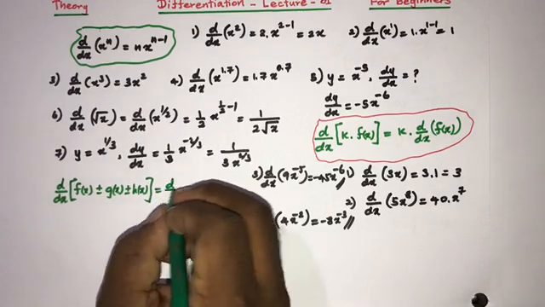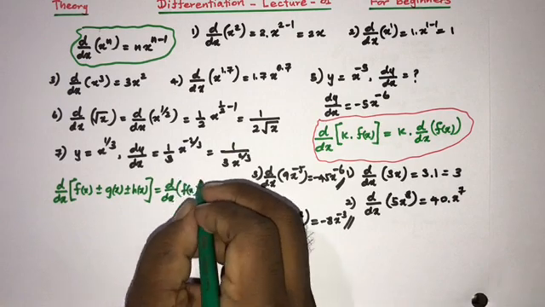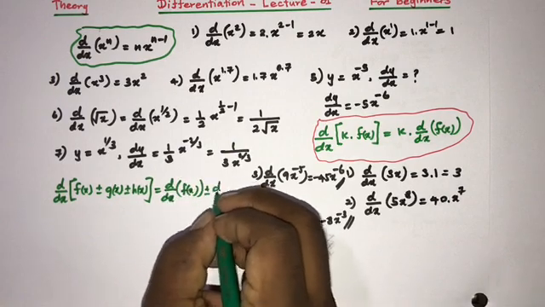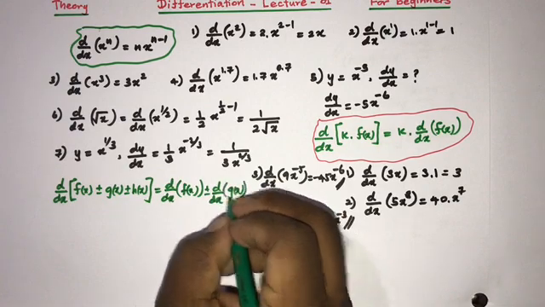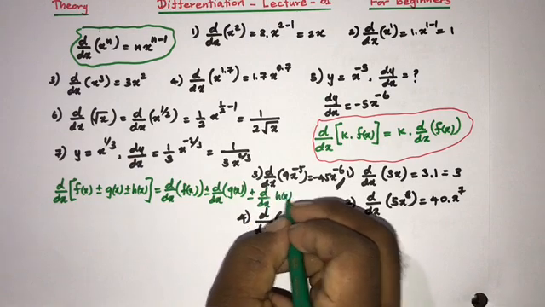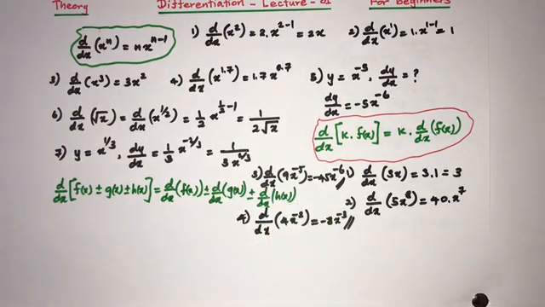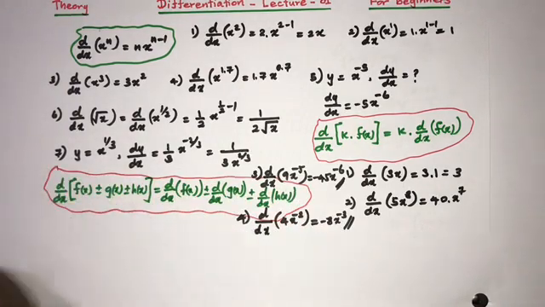So we take d by dx of f of x plus or minus d by dx of g of x plus or minus d by dx of h of x. Okay, this is another important fact in differentiation.